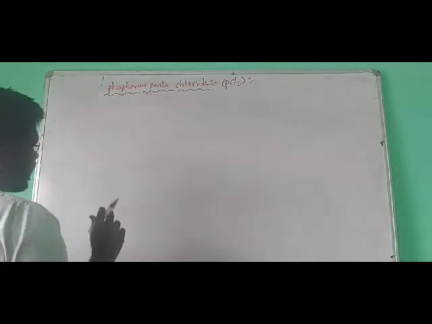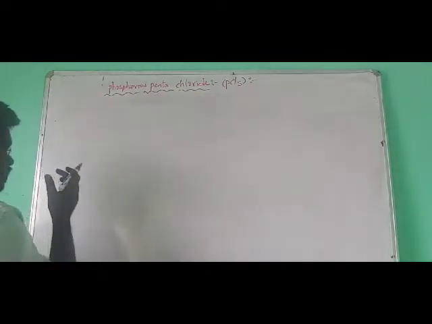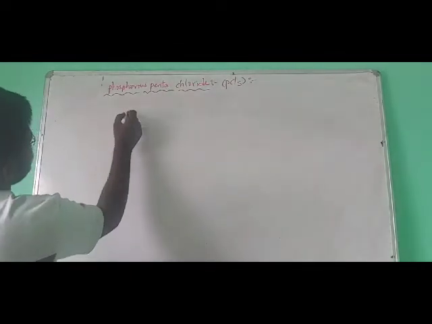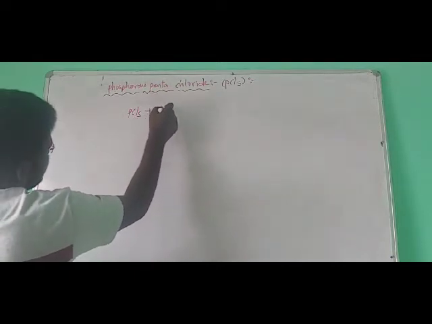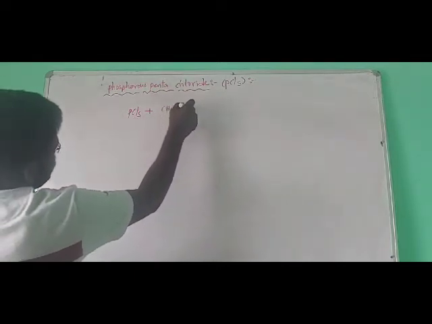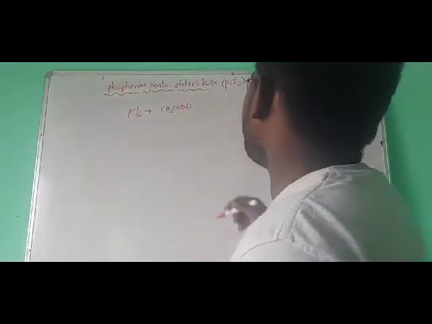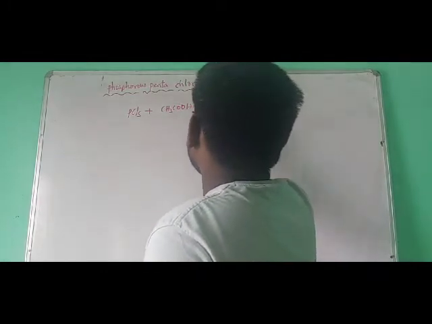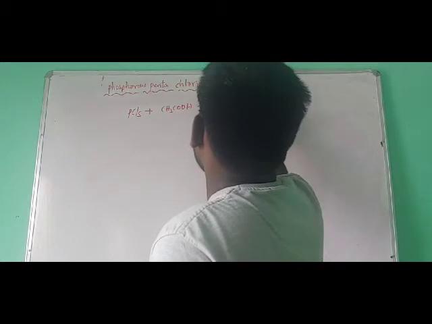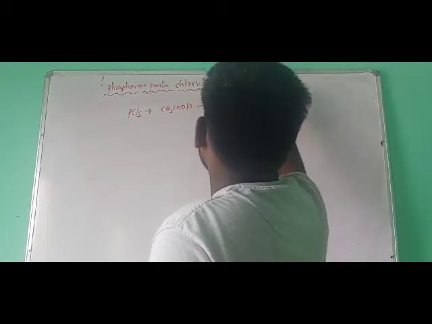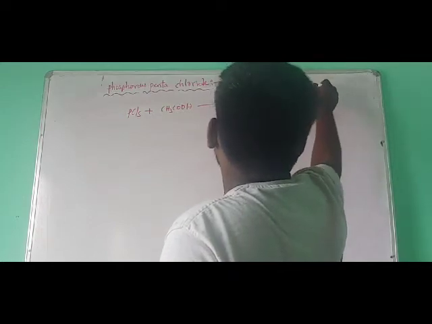This one reacts with organic compounds containing OH group and gives respective products. Let us see. Example, acetic acid, an organic compound containing OH group. When it reacts with CH3COOH, we can get CH3COCl plus POCl3, and we can get HCl.